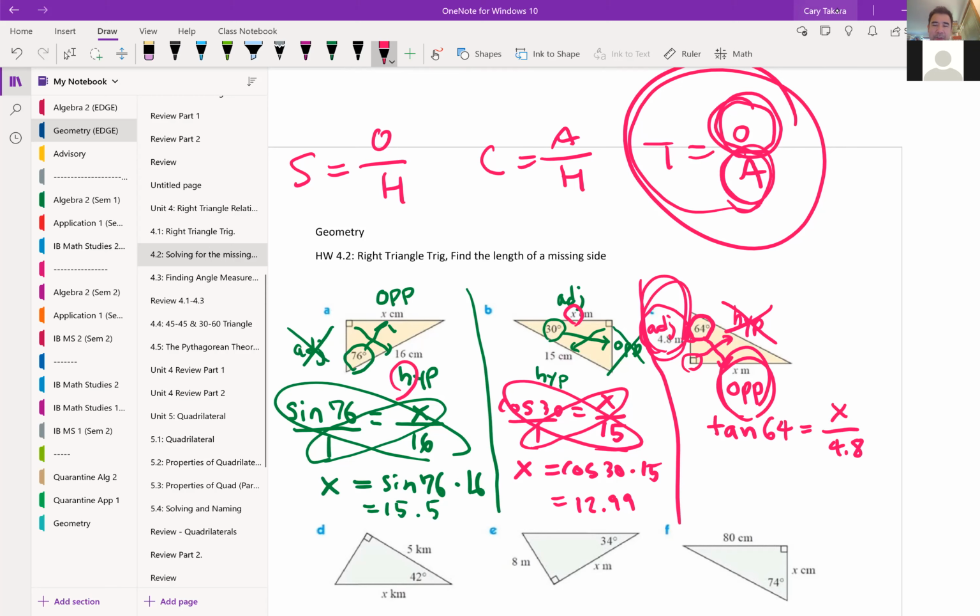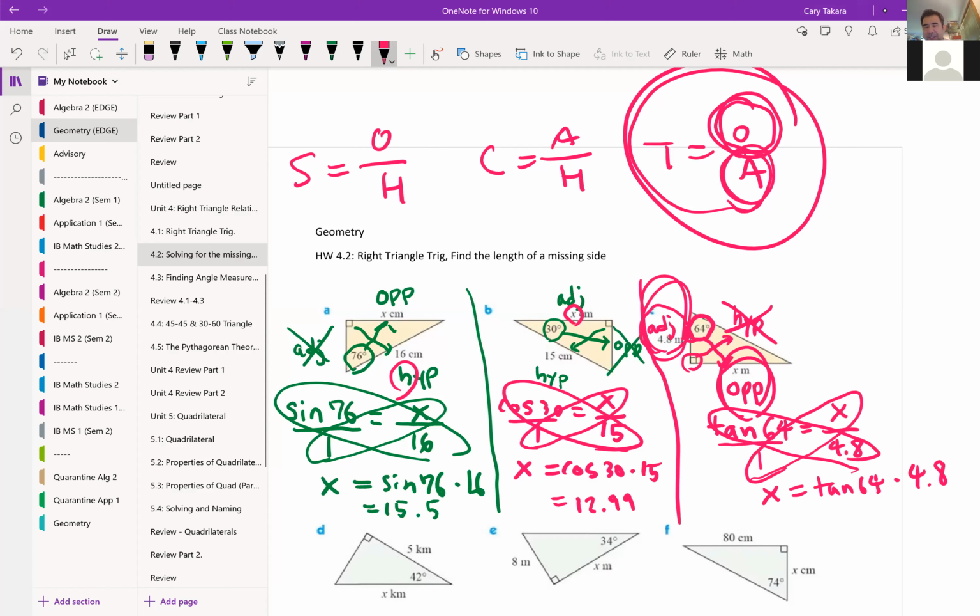Now we're going to cross multiply. We talked about that cross multiplication at the beginning of today's class, so if you missed that, then you need to watch the video, okay? Today's video, which I haven't uploaded yet. So if you cross multiply, 1 times X is X, and that equals tangent of 64 times 4.8.